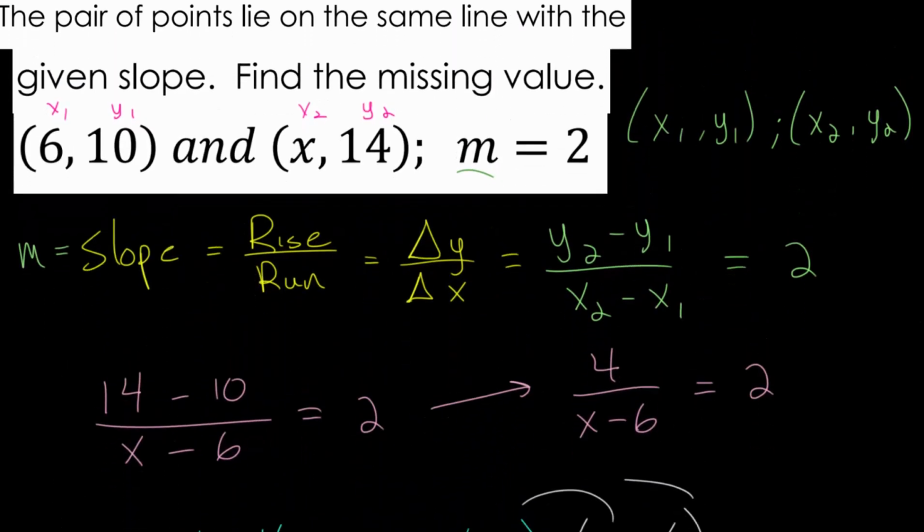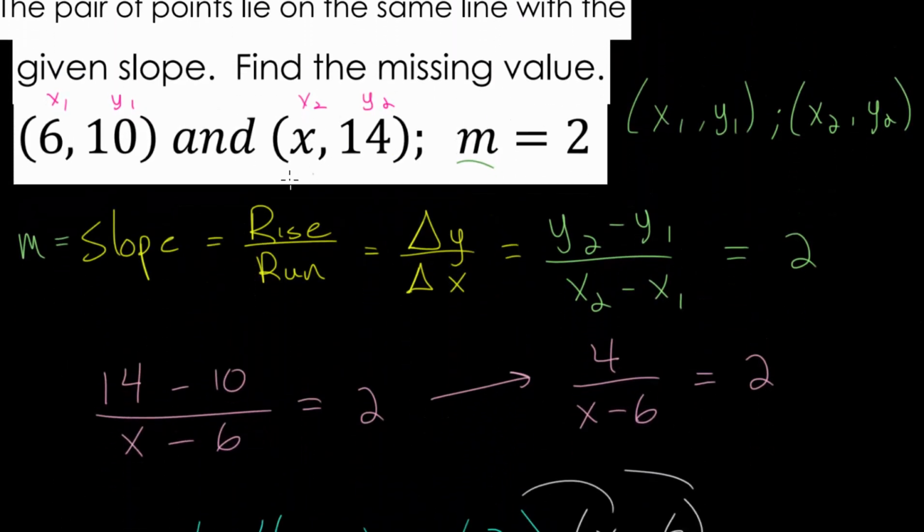We think that our x value here is 8, and if we look at our change in y values based on these numbers, it looks like the y values went up 4 and the x values went up 2. So we would have 4 for the change in the y values and 2 for the change in the x values, and 4 divided by 2 is 2. So this x value of 8 makes sense, and we can feel confident that it's the correct answer.